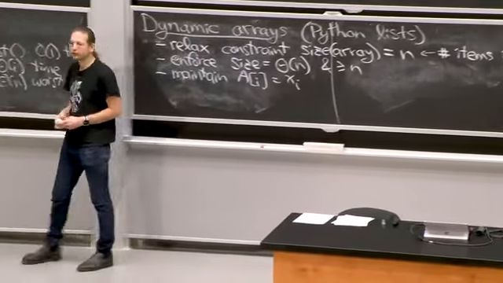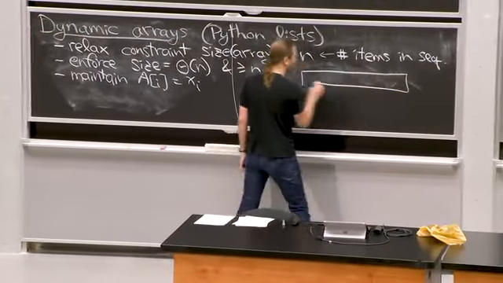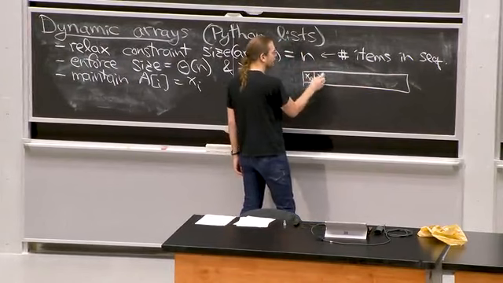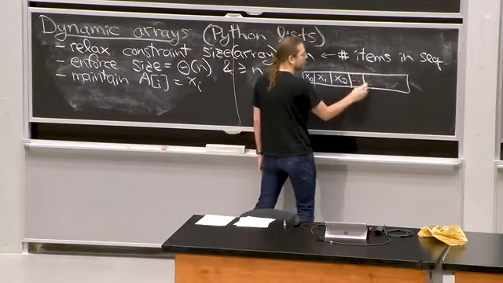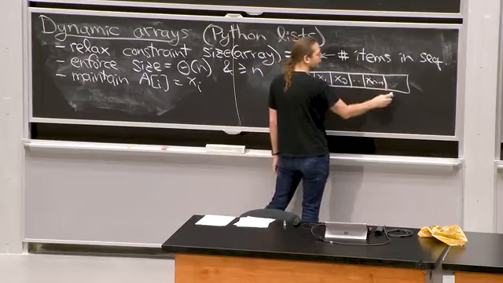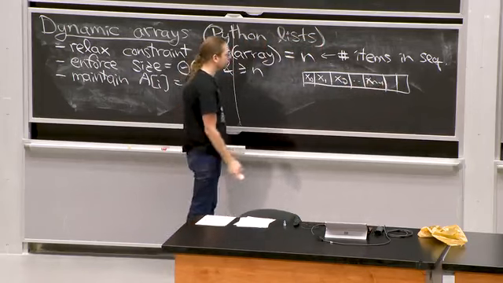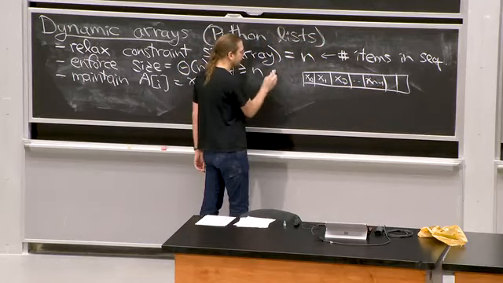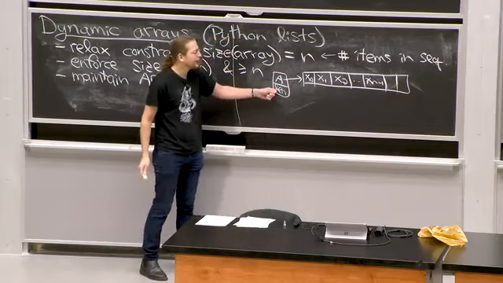Okay, so this data structure, let me draw a picture. So we've got an array of some size. The first few items are used to store the sequence, but then there's going to be some blank ones at the end. Okay, maybe we'll keep track of this. So the data structure itself is going to have an array, and it's going to have a length. So we're also going to keep track of the length.